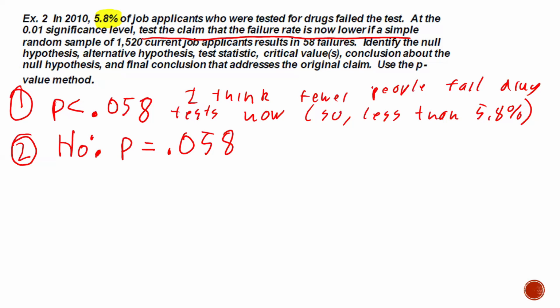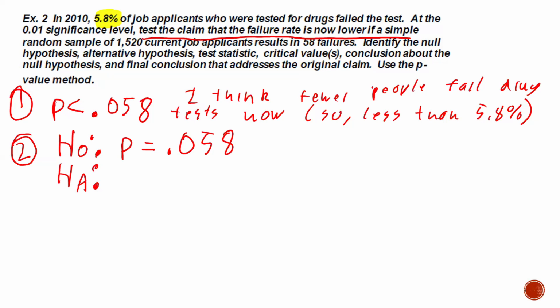So the null hypothesis, in this case, is the same number of folks failed drug tests as they did back in the day. Now, your alternative hypothesis is typically what you actually believe, and it's always going to involve an inequality sign: greater than, less than, or not equal to.